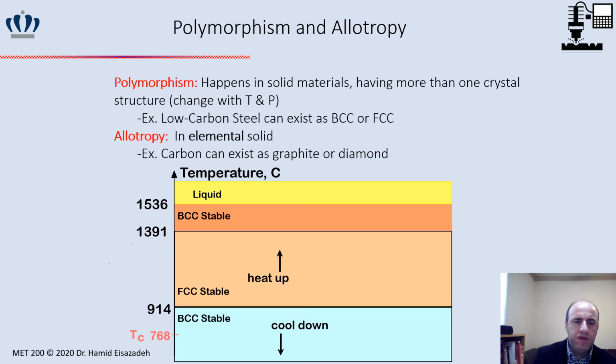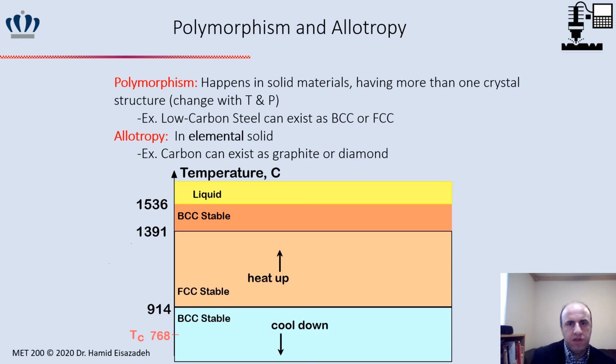And allotropy is another definition. In some materials like carbon, they have a similar chemistry, but their physical properties are going to be different under different conditions. For example, carbon can exist as graphite or diamond.